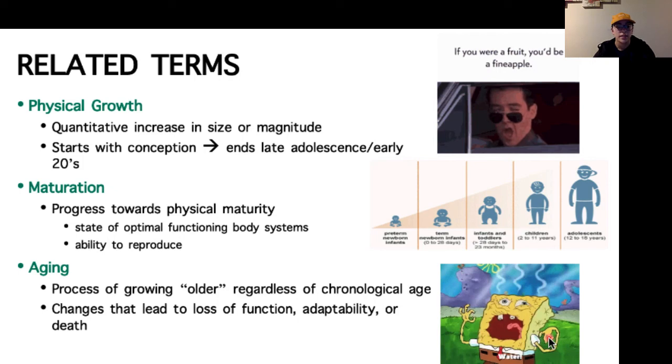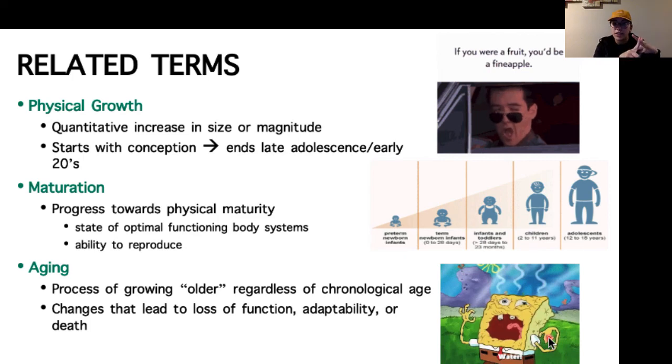But I think it's important. These are terms that will be thrown around, and a lot of times they are used interchangeably with the word development. But as you can see, each of them actually has a little bit of a nuanced difference from one another. So while they're often associated with development, they are not synonymous with the overarching concept of development, because development is continuous, age-related, and sequential.